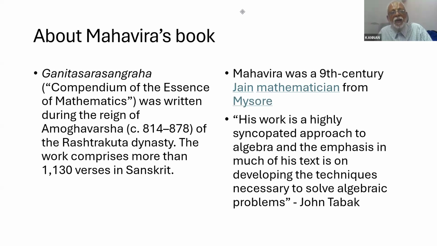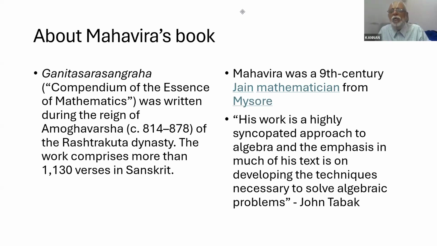This king was of the Rashtrakuta dynasty in Karnataka state. This work comprises more than 1,130 verses in Sanskrit. Remember, this number is more than 1008, which is the number of verses in Brahma Sphuta Siddhanta. A little longer.